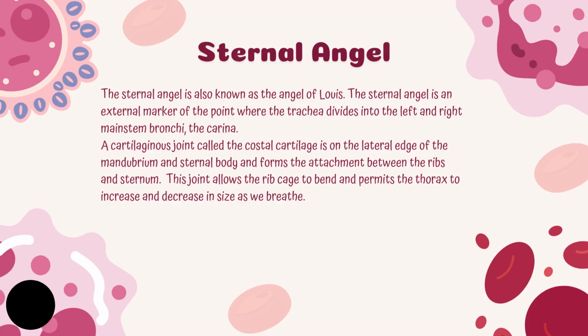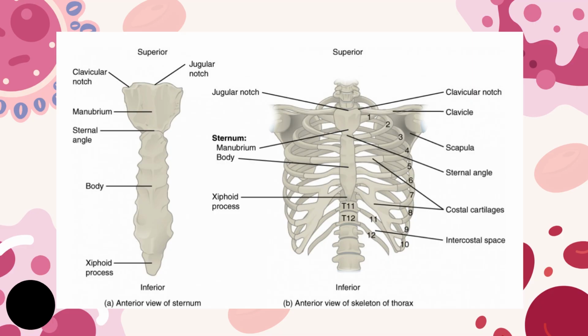The cartilaginous joint called the costal cartilage is on the lateral edge of the manubrium and sternal body and forms the attachment between the ribs and the sternum. This joint allows the ribcage to bend and permits the thorax to increase and decrease in size as we breathe. This is a picture showing how the manubrium, sternal angle, and body look, and the xiphoid process.